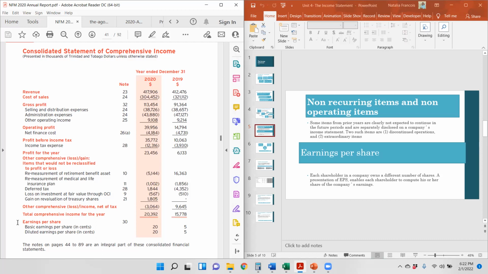If you have 10 shares, it tells you what percentage of the ownership of the company you have. In this case, 20 cents per share. So if I have 5 shares, then I have $1 worth of the company.